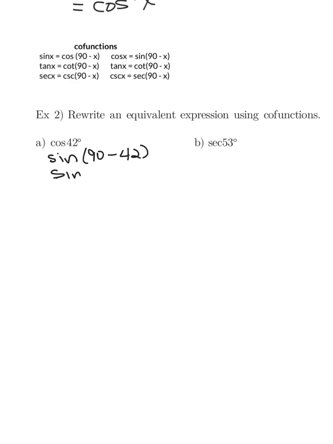Well, that comes out to be the sine of 48 degrees. On B, if our function is secant, then its cofunction will be cosecant. To find the angle, we take 90 minus 53, which will give us the cosecant of 27 degrees.